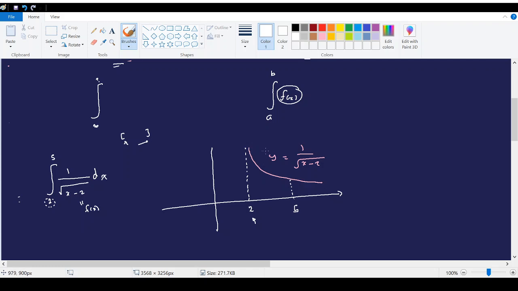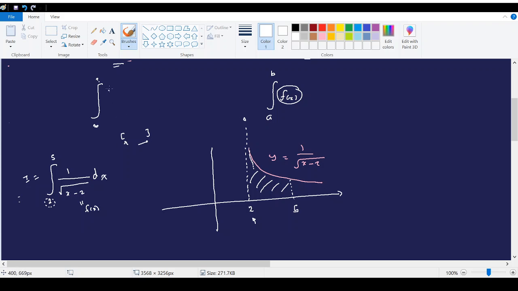Okay, so this is the key feature that we have to consider when it comes to improper integrals of type 2. That is, the function will have a vertical asymptote. When it comes to the area notation, this integral will represent the area under the function in between 2 and 5, and at 2 you have a vertical asymptote. In other words, we will have an infinite range in this direction.